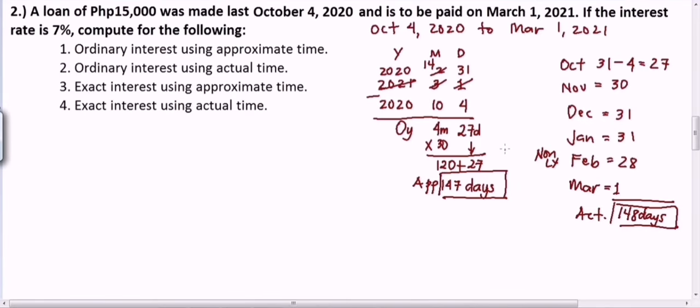Okay, now that we have the 2 days, so, i-compute natin. So, number 1. So, ang binigay na P is 15,000 and then ang binigay na rate is 7%. Okay, so I is equal to, so ordinary interest, alam natin na over 360 yan. Okay, using approximate time, so yung nasa ibabaw is 147. So, this one would be 15,000 times 0.07, yun yung rate, 7% divided by 100, times 147 over 360.